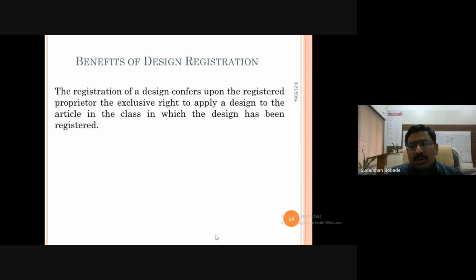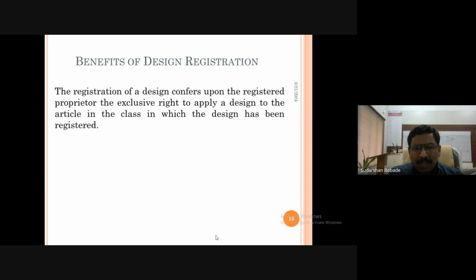So there is no concern about how it will work afterwards. But when we are talking about the process or utility, we have to go for the prototype model, we have to go for the desired outcomes. We are supposed to prove that this mechanism is beneficial. There should be a benefit cost ratio, economics and everything. But in design there is no such concern.